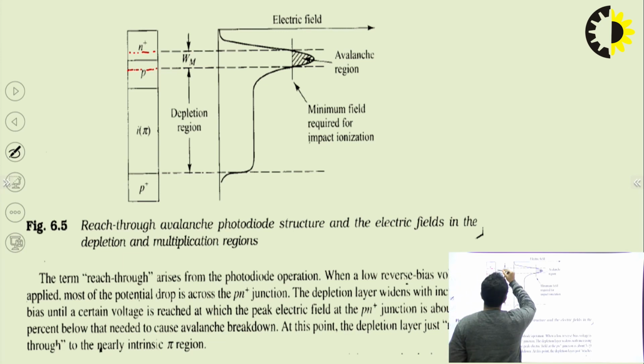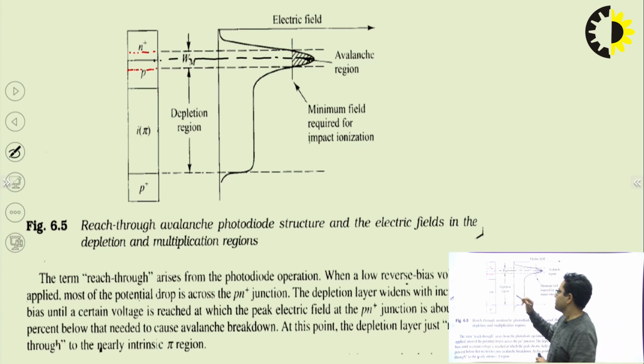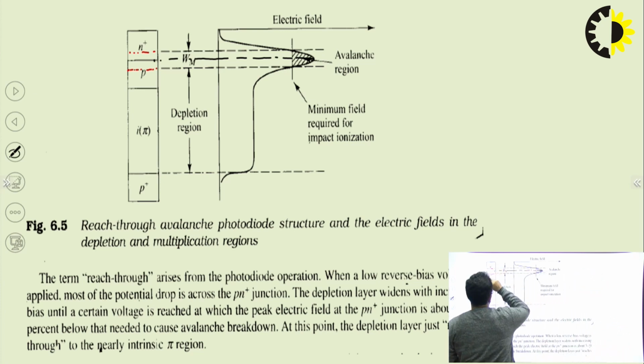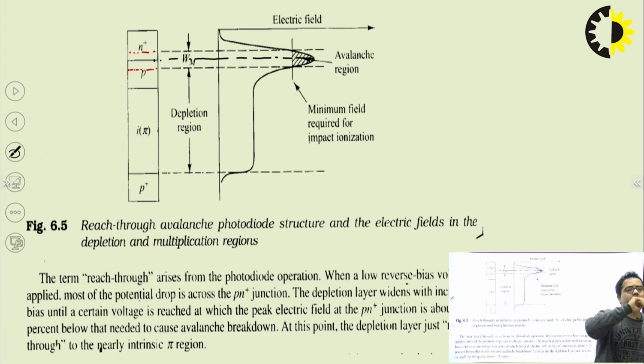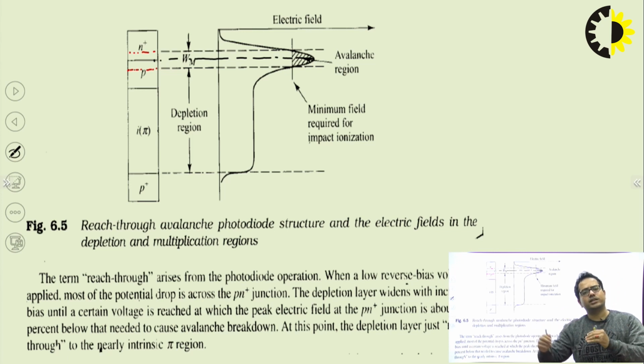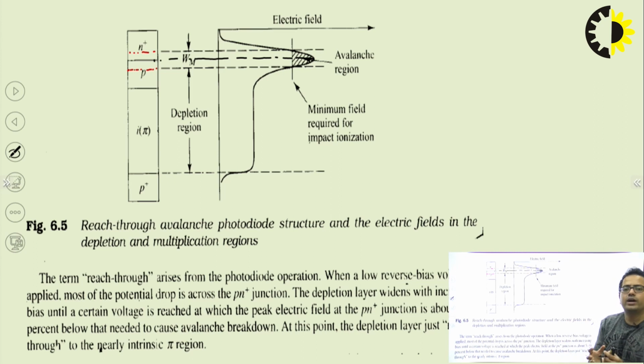So the electric field starts increasing from this side and achieves a maximum value at the junction, because the electron concentration is very high in this region. This electron concentration leads them to strike other electrons in the presence of a high electric field.